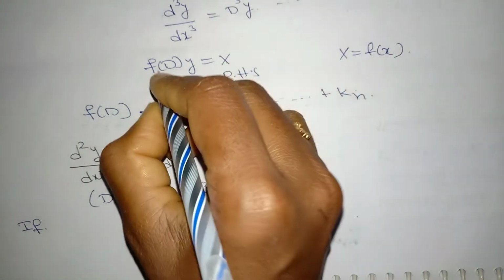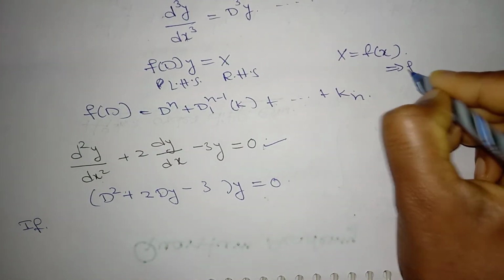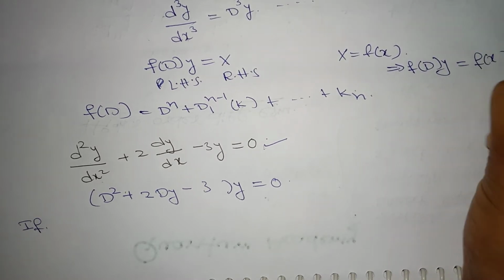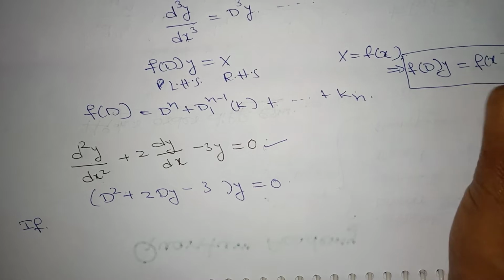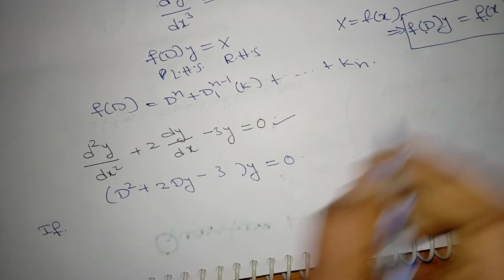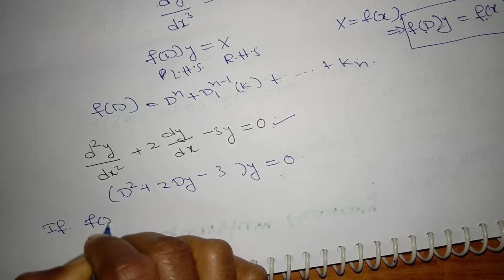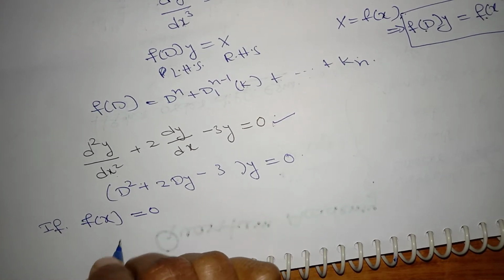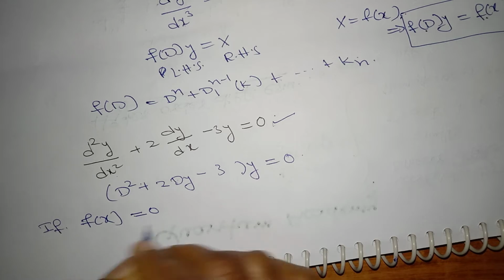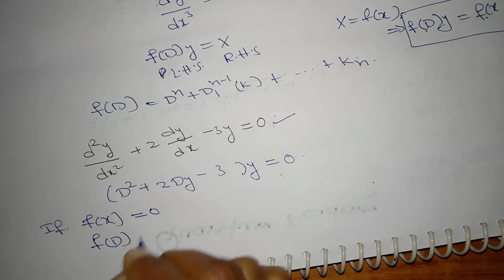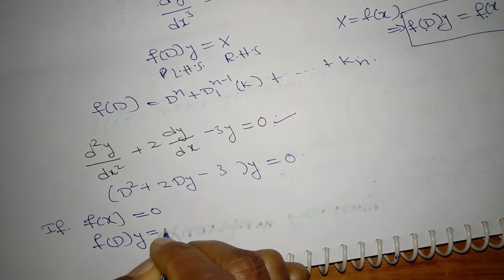I am rewriting this equation: f of D into y equals f of x. Remember this equation, this is the left hand side, this is the right hand side. If f of x equals 0, that is, the right hand side equals 0, then f of D into y is equal to 0.